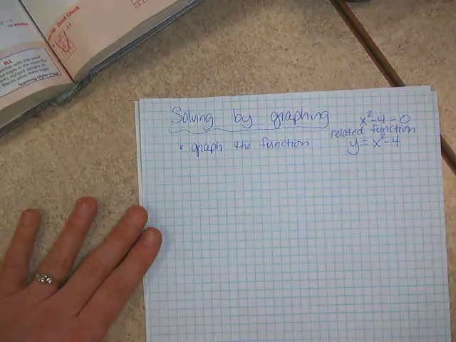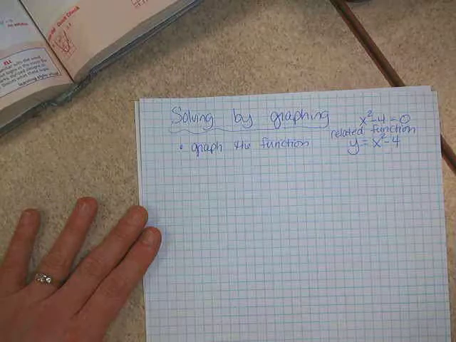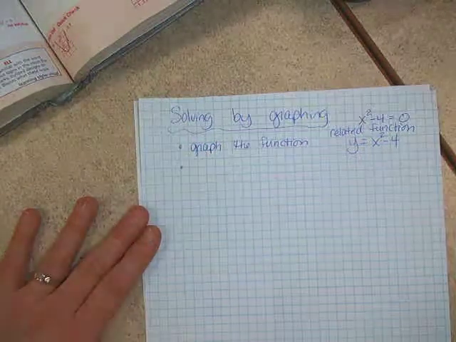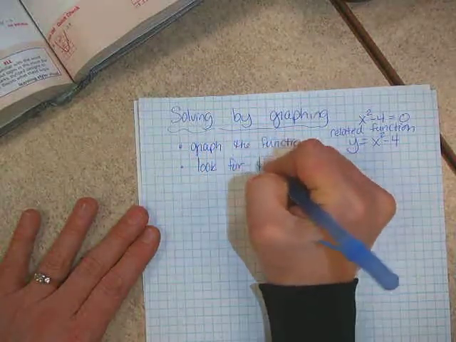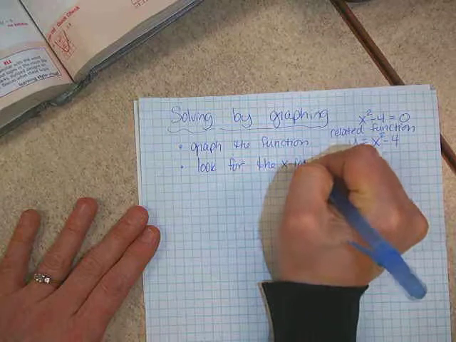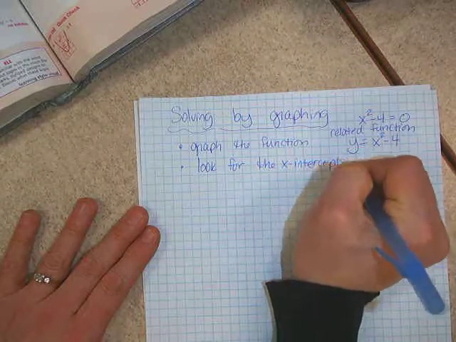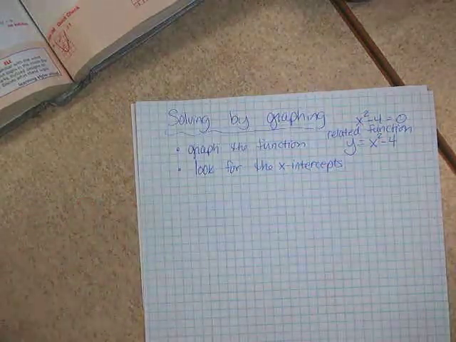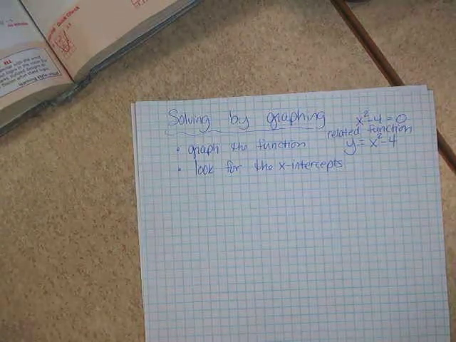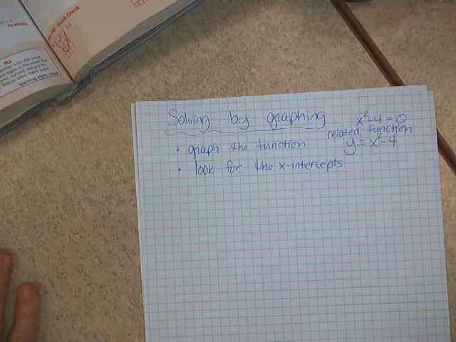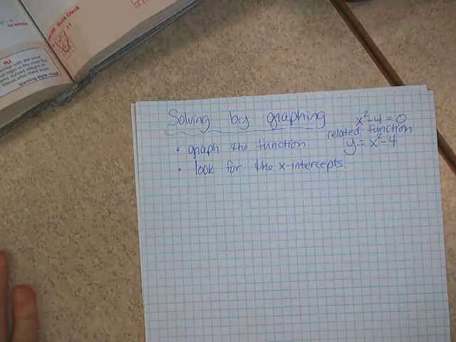Okay? The related function is replacing the 0 with y. And once we have the graph, we are going to look for the x-intercepts on our graph.